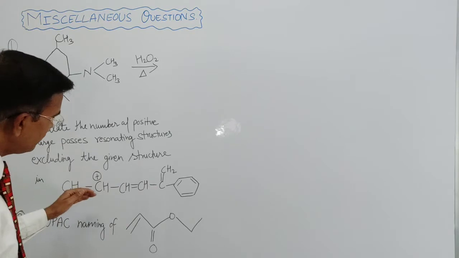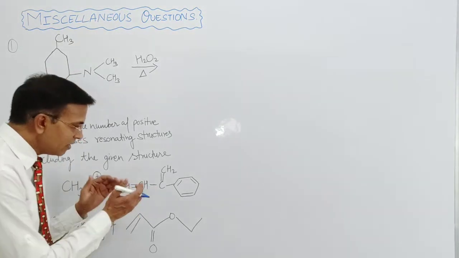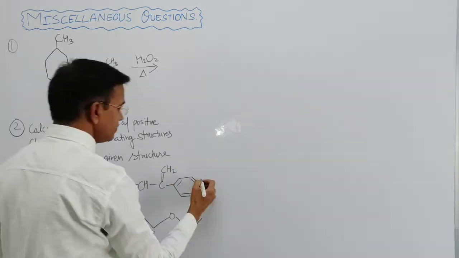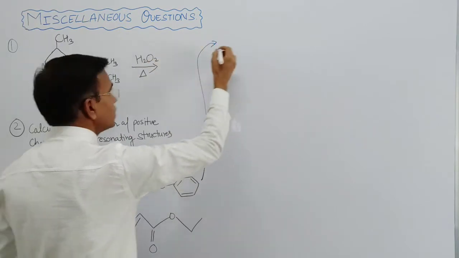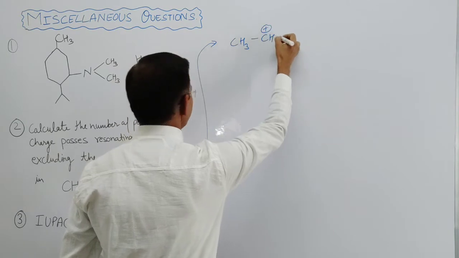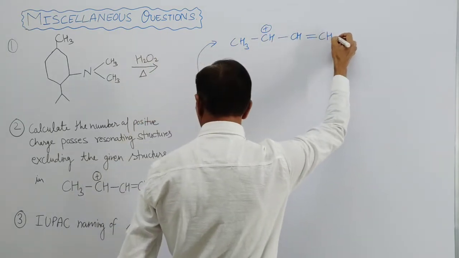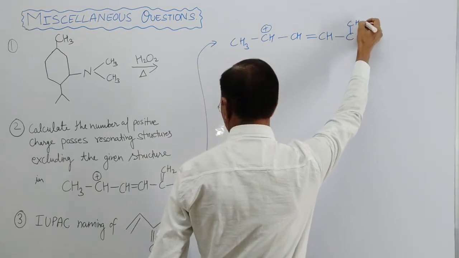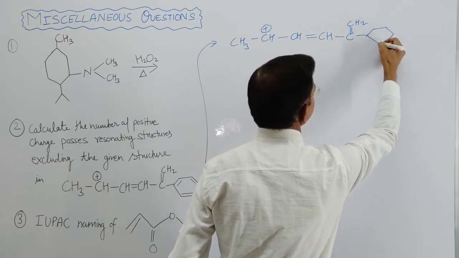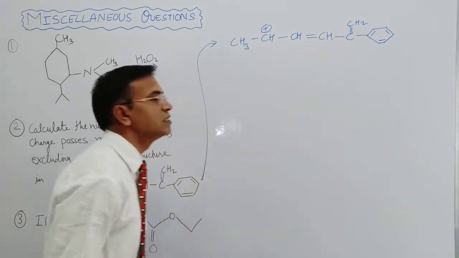So we have to calculate the positive-charge resonating structures in that, excluding this structure, which is given. This is the species given.